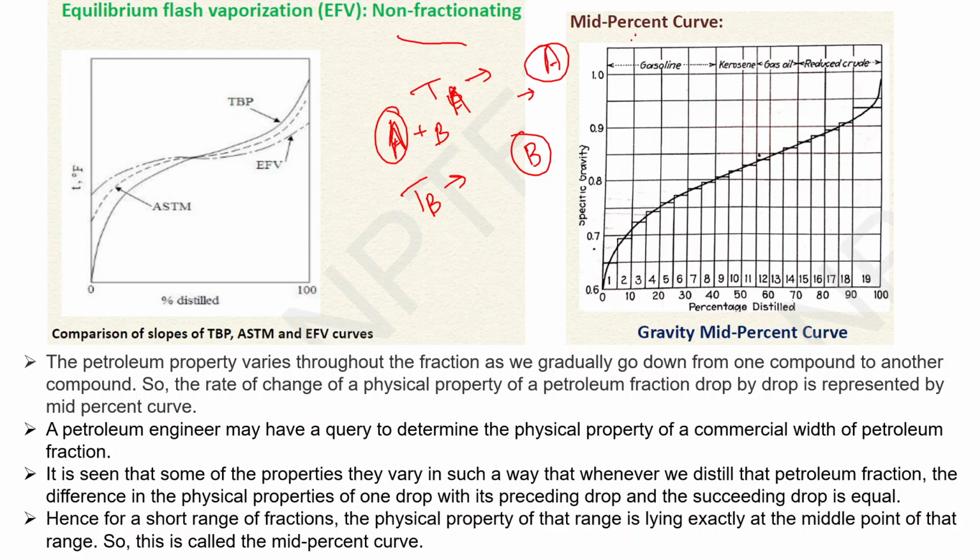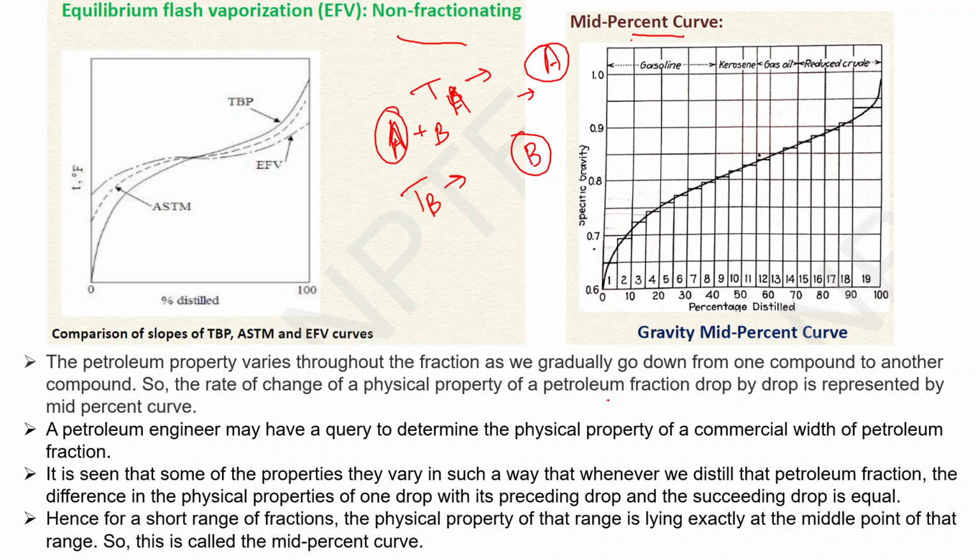Now, the fourth one is the mid percent curve. Basically, the petroleum property varies throughout the fraction. As I told you, there are different fractions present in the petroleum, so obviously its property will also change as we gradually go from one compound to another.